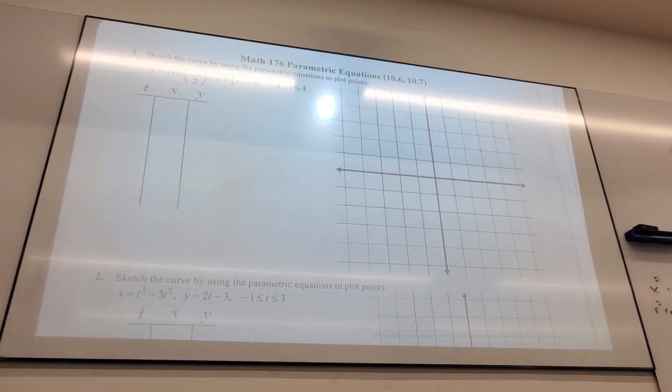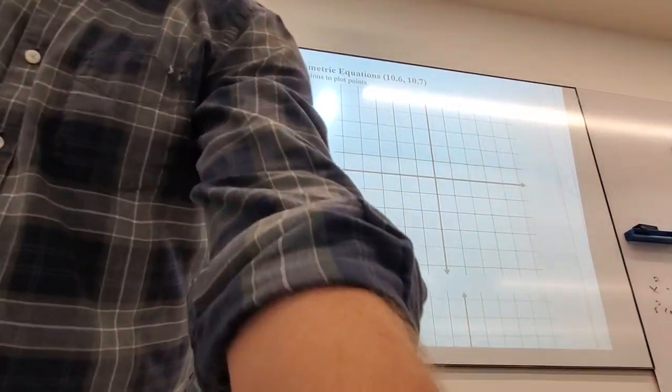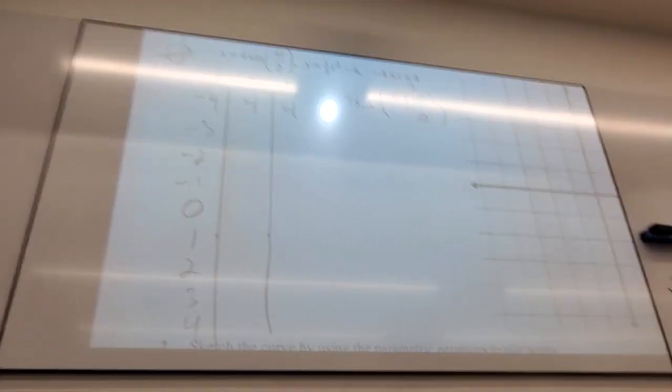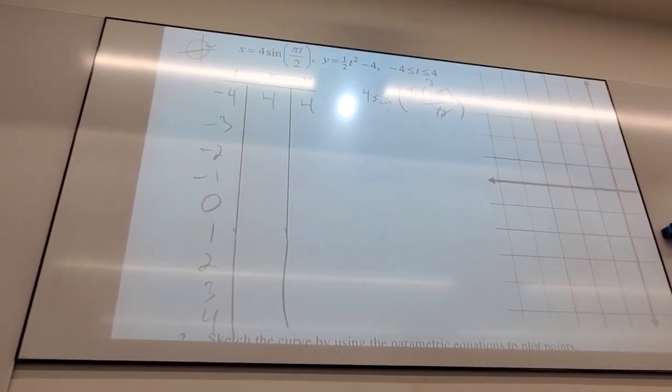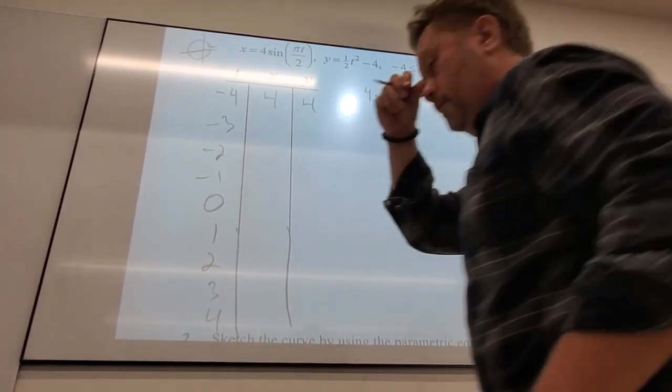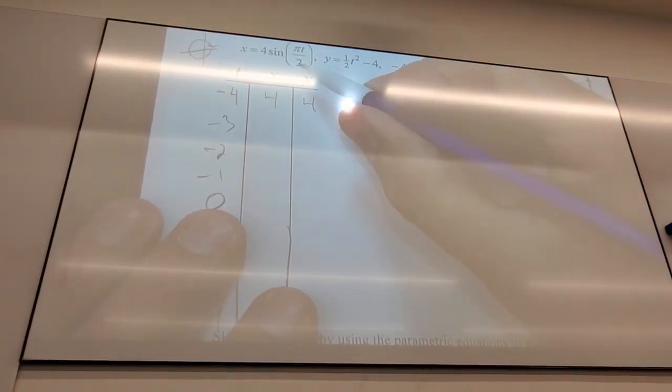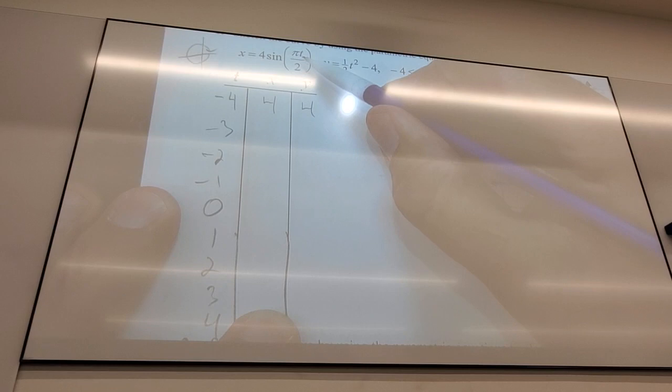Of course, I give you that equation. So guys, if you plug a -3 in, the angle is -3 pi over 2, right?